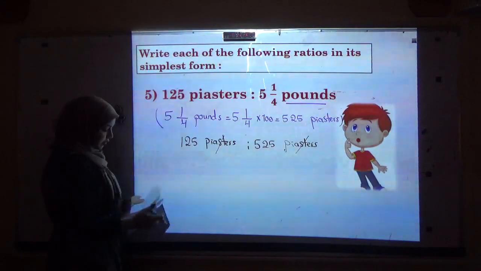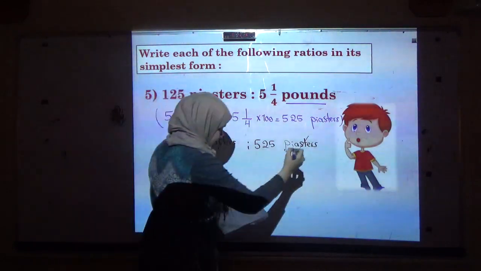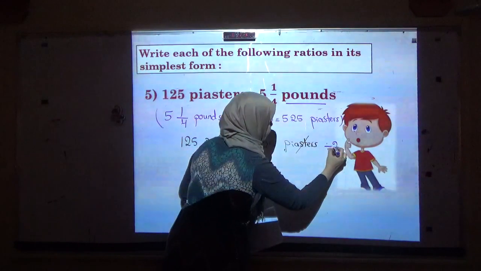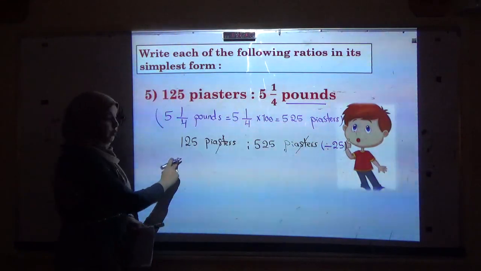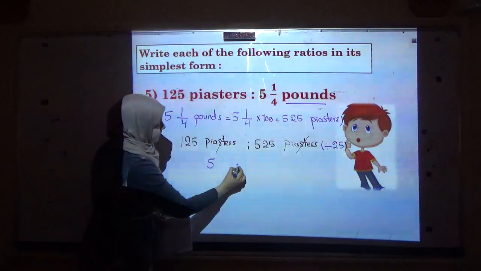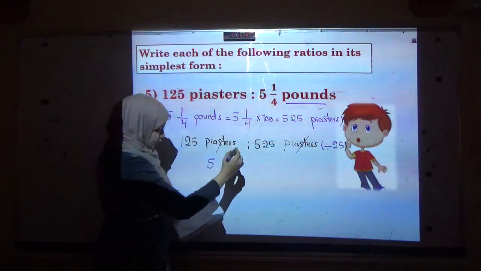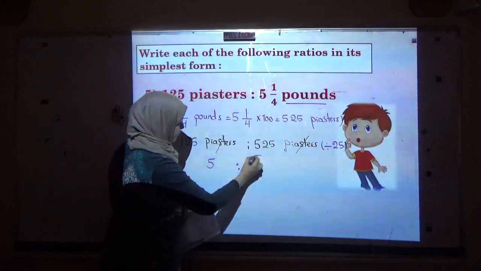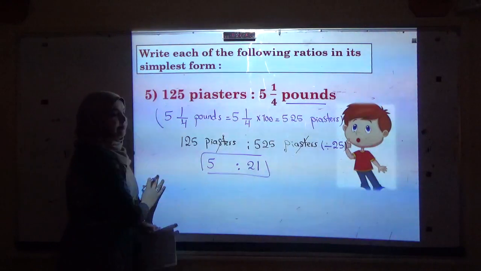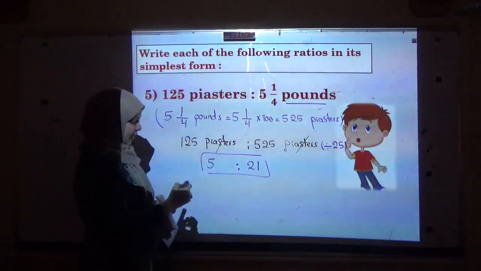Now divide the two terms by 25. 125 divided by 25 equals 5, and 525 divided by 25 equals 21. So this ratio in its simplest form is 5 to 21.